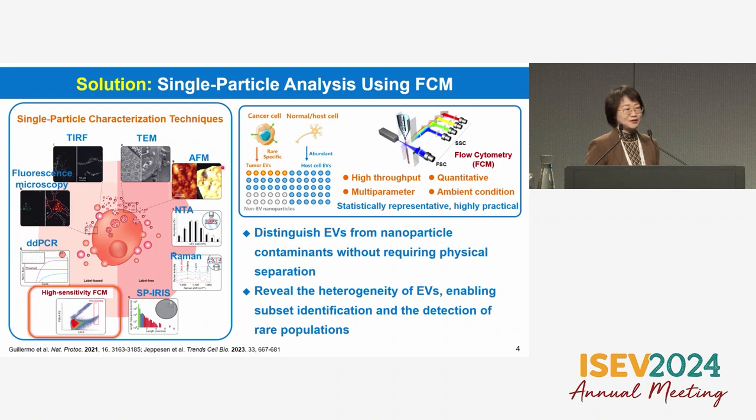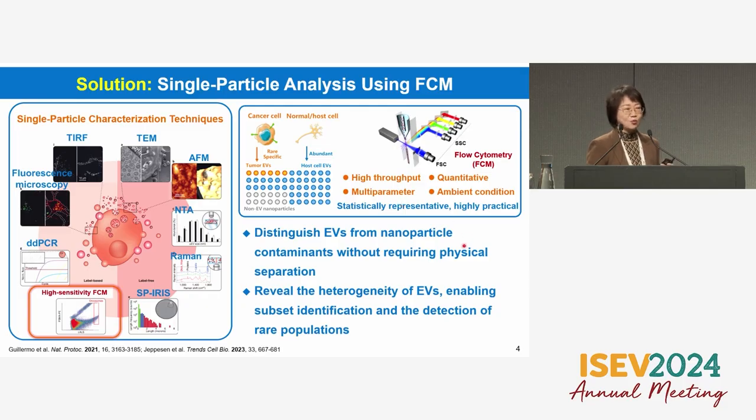So actually, single particle analysis emerges as the approach to tackle the challenges I just mentioned. And among a variety of analytical techniques, flow cytometry stands out prominently due to its capabilities in high throughput, quantitative and multi-parameter analysis of single EVs.